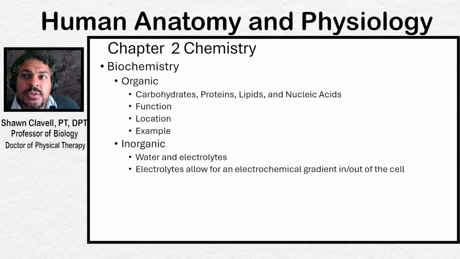The example of carbohydrates is glycogen, the densely packed form of carbohydrates inside of our muscles and liver. And then glucose is the smallest component that's used for transport and as a fuel.